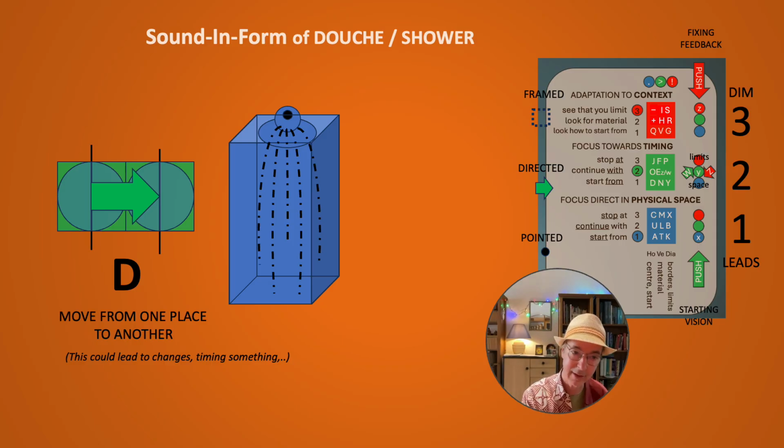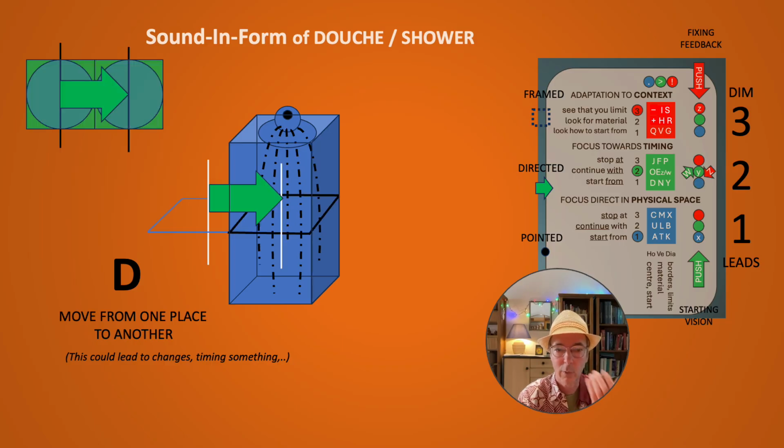So yes, this is a very good word. The way we have to imagine it is very simple. We move from one place to the next place, which is then the shower. This is our intention. This is the way we behave towards it, and that's how we behave in the physical relationship that we have to it.